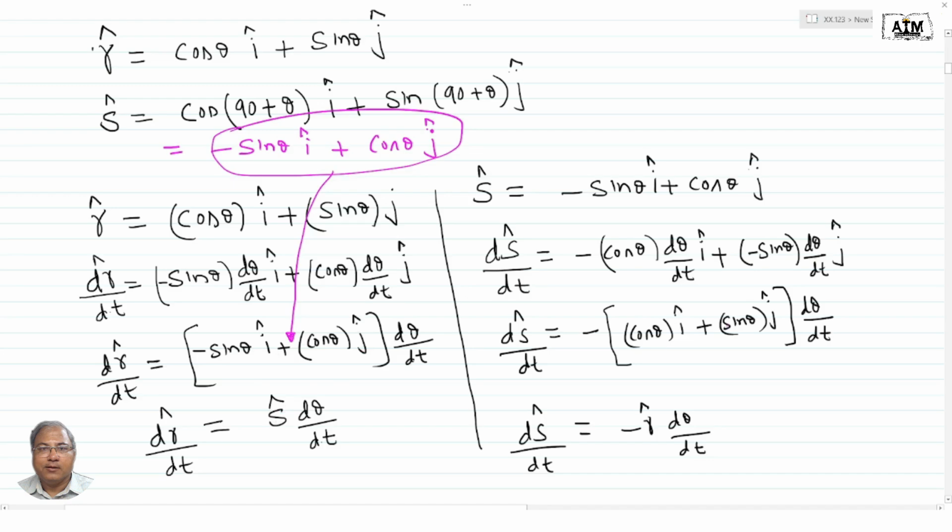Similarly, cos theta I cap plus sin theta J cap is nothing but R cap. So here replacing it by R cap. So we got dr cap by dt equals S cap d theta by dt, and ds cap by dt equals minus R cap d theta by dt. Let us call them 1 and 2.